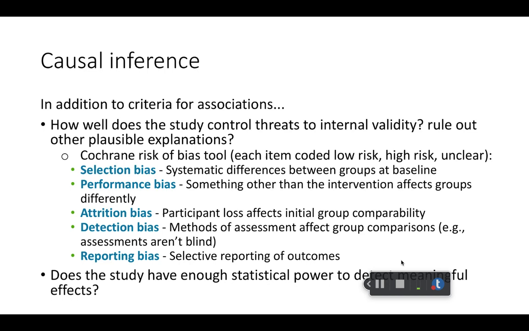Detection bias means that methods of assessment affect the group comparisons. And then reporting bias refers to the selective reporting of outcomes or results. And again, we'll ask whether the study has enough statistical power to detect meaningful effects. So don't worry too much about what these things mean right now. I want to introduce them to you now so that we can really flesh them out later.